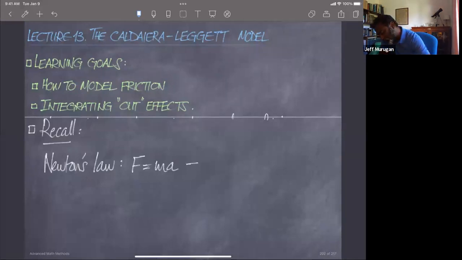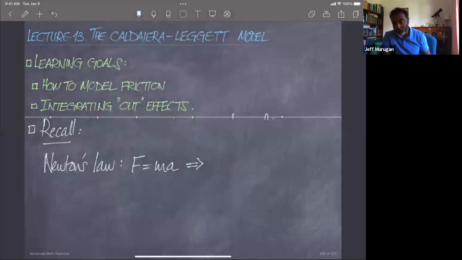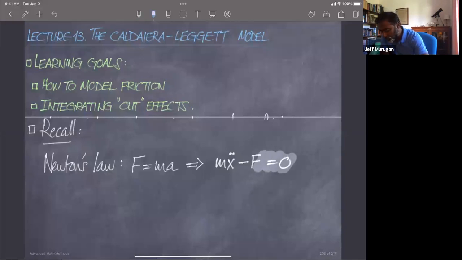From the point of view of a mathematician or an applied mathematician trying to do something useful, like predict where this particle will be at a later time, it's worthwhile expressing this not in this F equals ma form, but in the form m x double dot minus some driving force equals zero, right? So this here is the typical form of Newton's law.